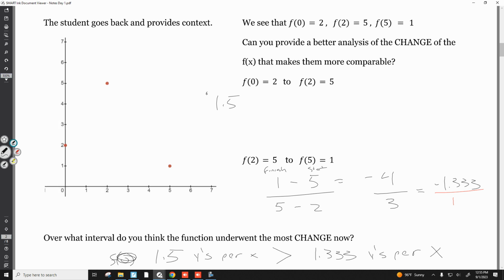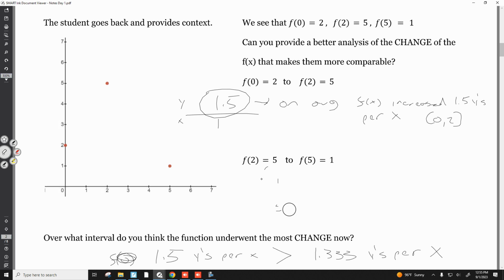This number 1.5 can get translated to, on average, my function f of x increased 1.5 y's per x. I can take the 1.5 and put it over a 1. These are my y's, these are x's. It increased 1.5 y's per x over the interval 0 to 2.